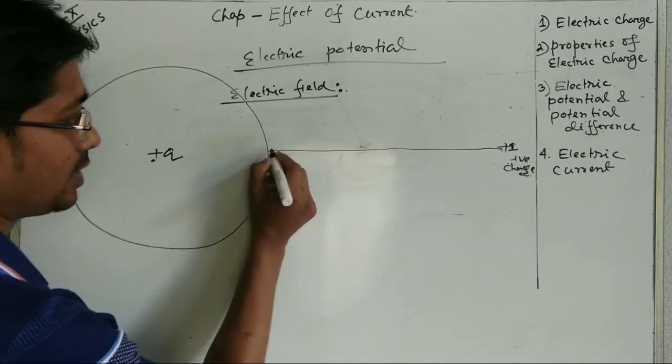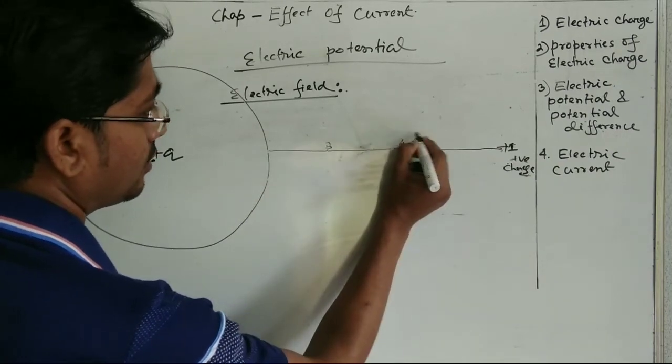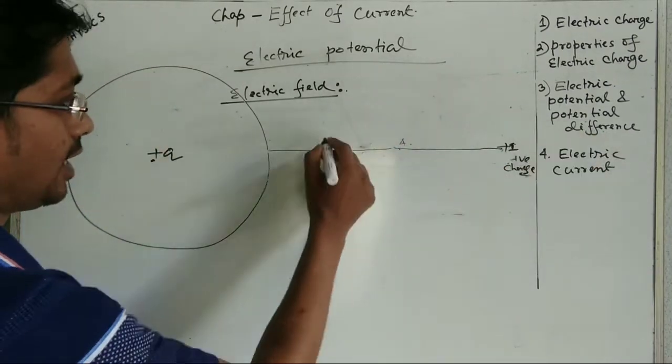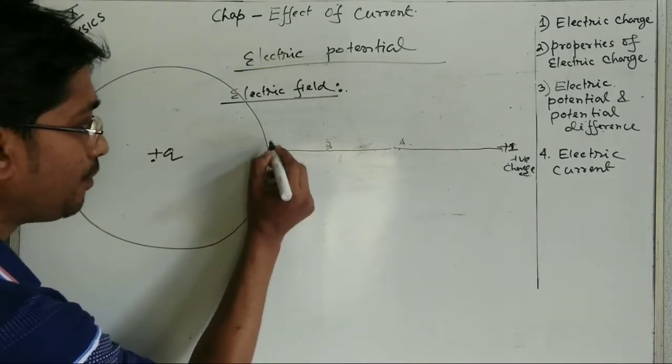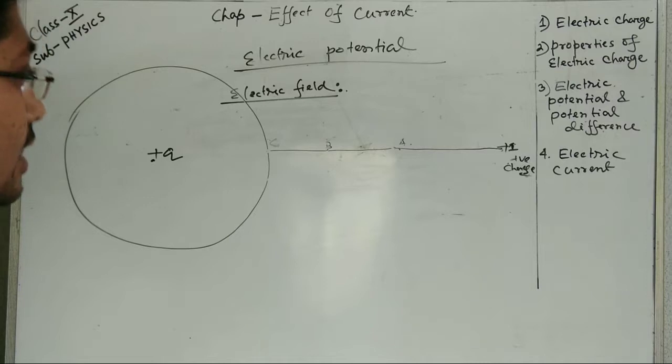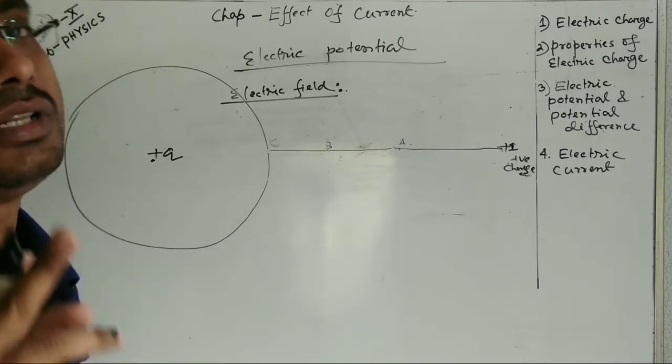So when the positive charge comes to this point, suppose this is point A and this is point B, no force is there. At point A, no repulsion is there. At point B, no repulsion is there, because it is outside the field. Now at point C, it will just enter the electric field and repulsion forces will start acting.